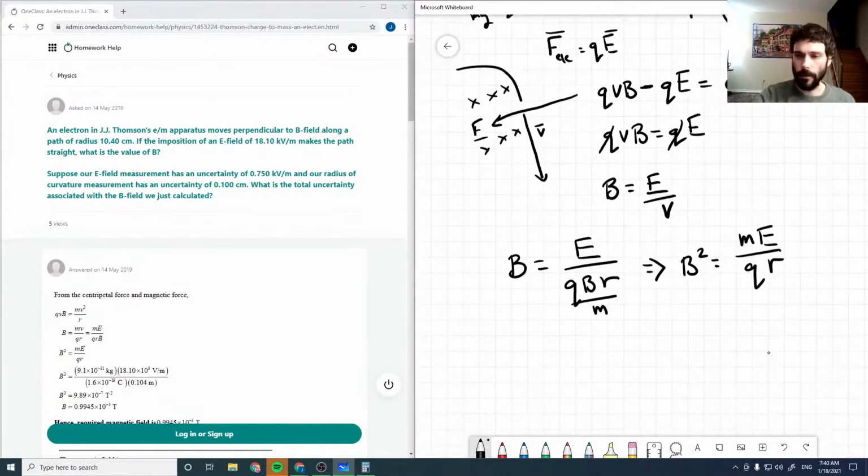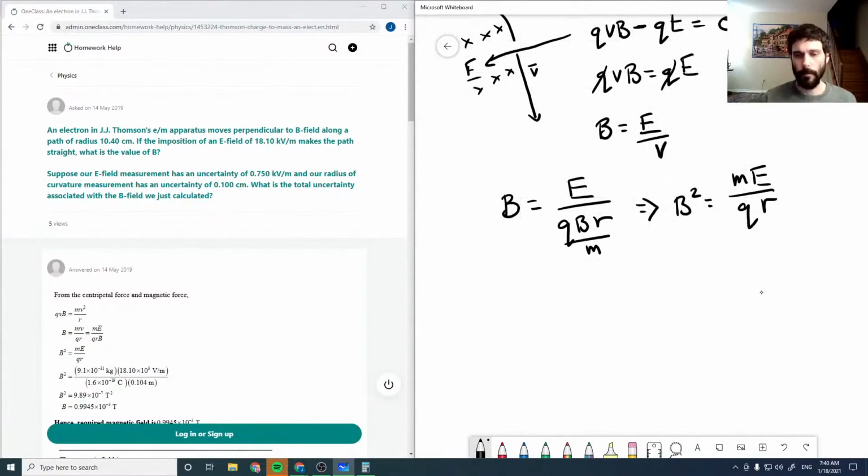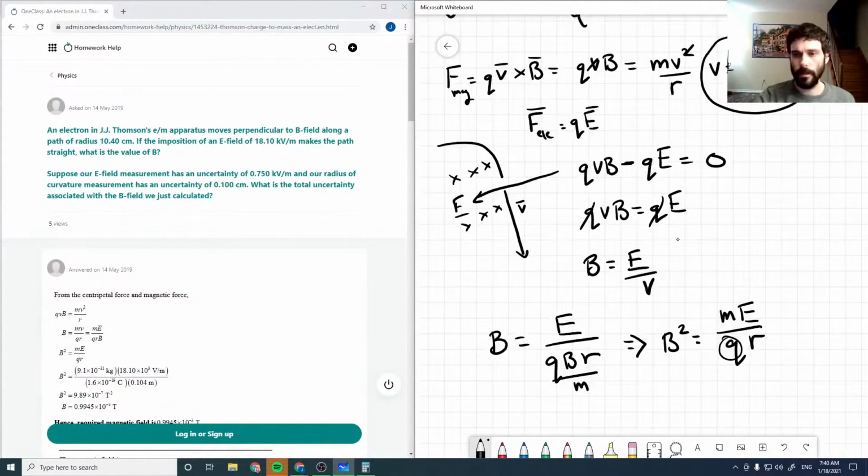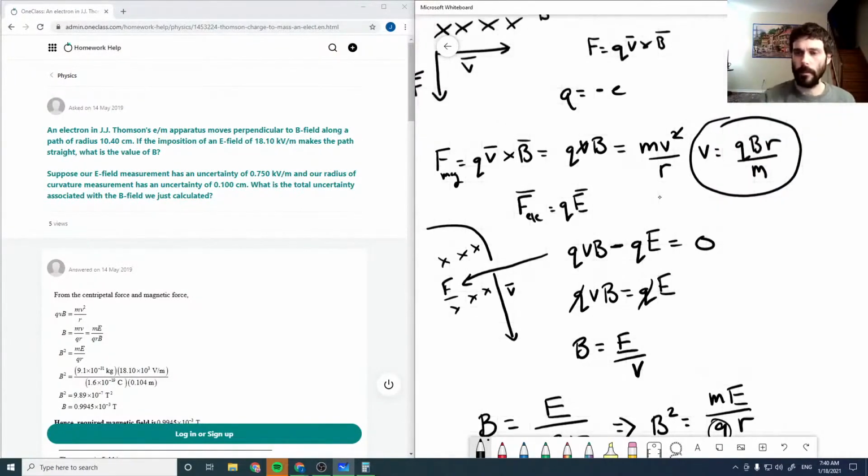And so then we're given our radius, we're given it's an electron, and we're given the E field. In this case, we've already kind of taken into account the charge on the electron in all of this, or at least here we have actually.